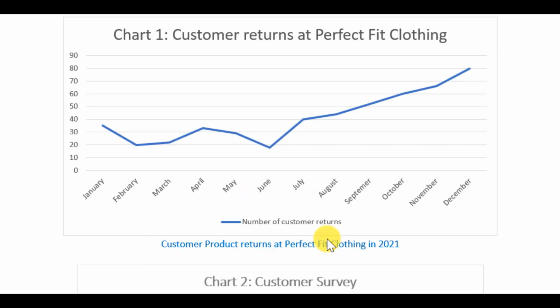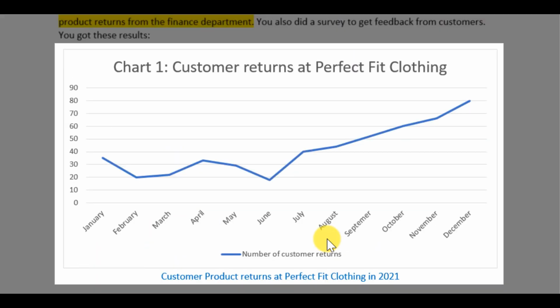Well, we need to look carefully at the graph and take the key findings from there. Well, really, it shows us that in the second half of the year, so from June on, well, what's happening here? This is a steady increase, isn't it?